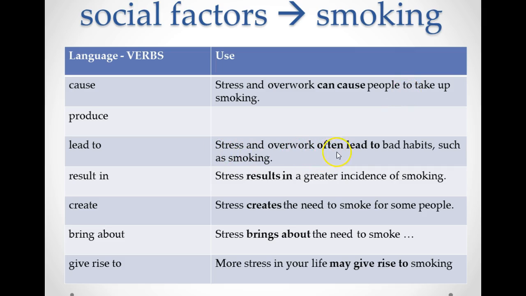Stress and overwork often lead to bad habits, such as smoking. Stress results in, stress creates, stress brings about, and more stress in your life may give rise to smoking. In all of these sentences, the cause is first and the effect is after the verb.